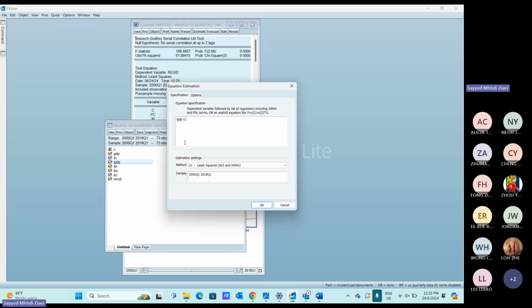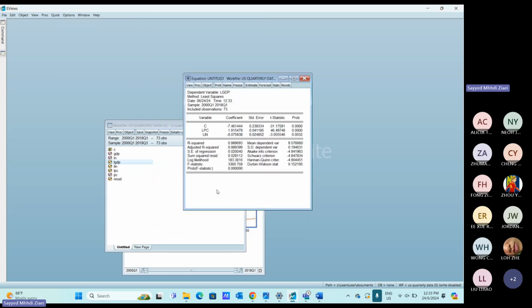The first independent variable is LPC, and the second is LIN. LPC, LIN, and then do the regression. Yes. So I got a new regression, all variables now in ln form.